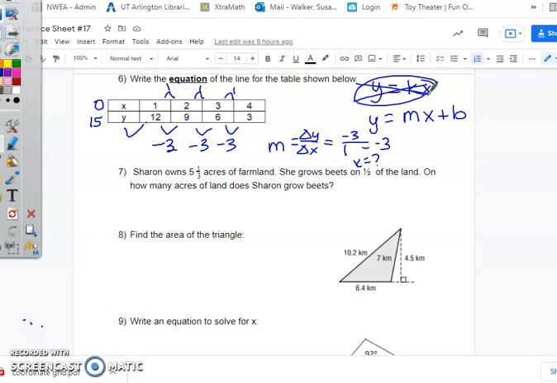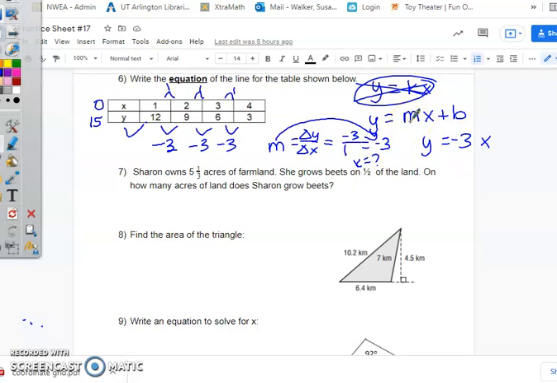So remember, when we're writing an equation, the two letters that stay the same are y and x. Those stay the same every time, so we need m and b. Well, m, we already have that. You can put in negative 3 over 1 or just negative 3. So m is negative 3. So that goes in front of the x.